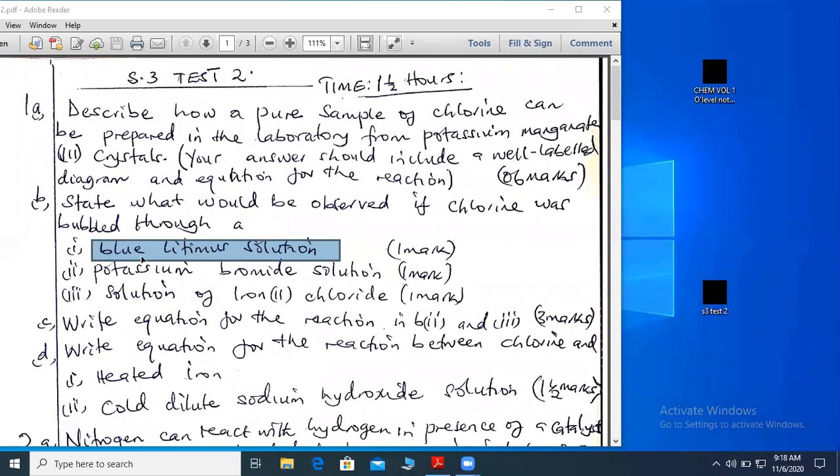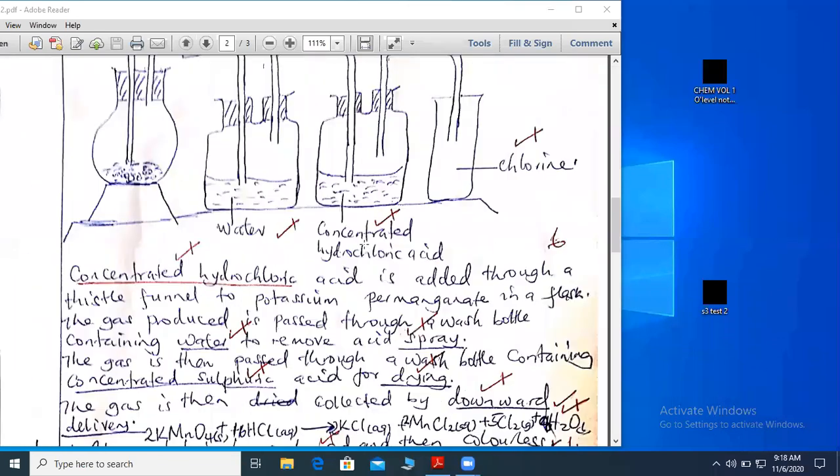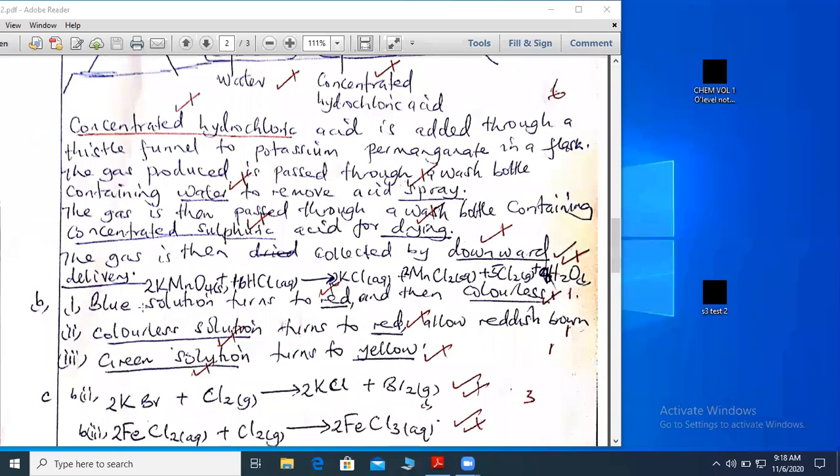So the hydrochloric acid will turn the blue litmus solution to red, and hypochlorous acid, which is a bleaching agent, will turn the red litmus solution to colorless. So that was the answer there for that part. The blue solution turns to red and then to colorless.